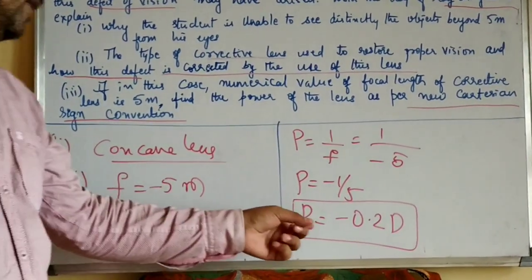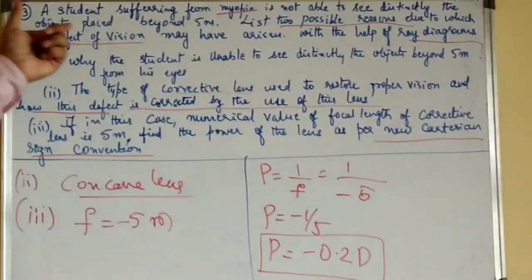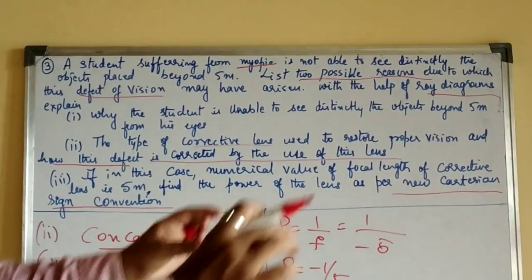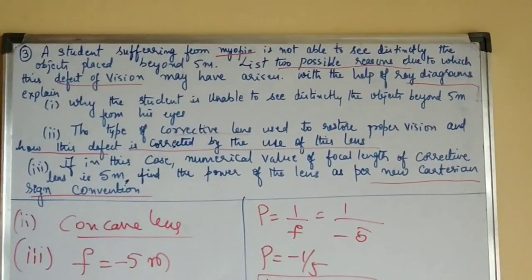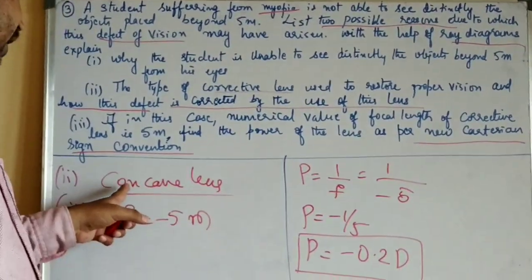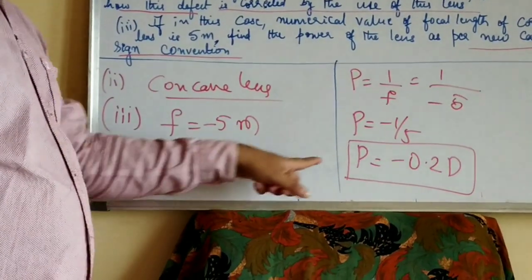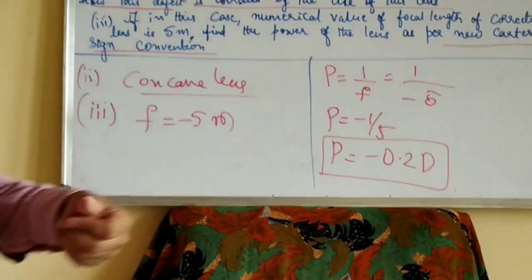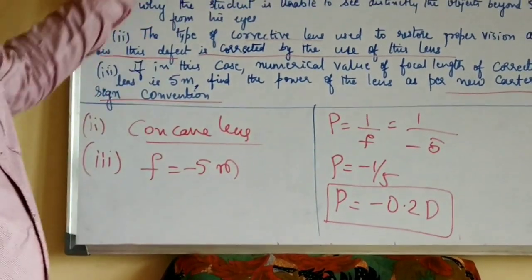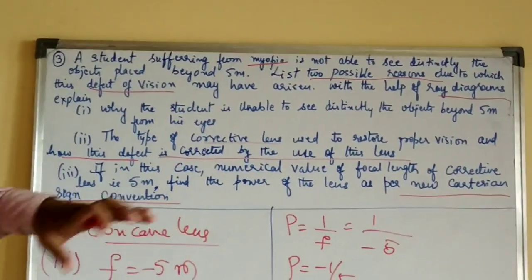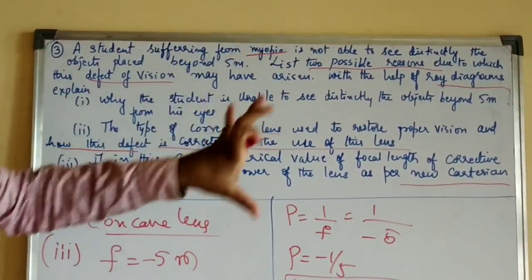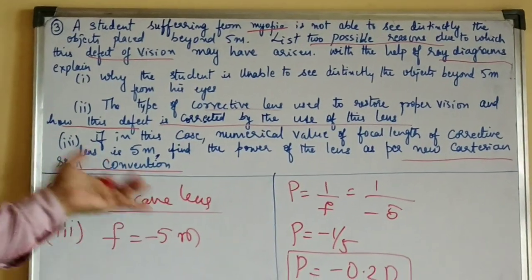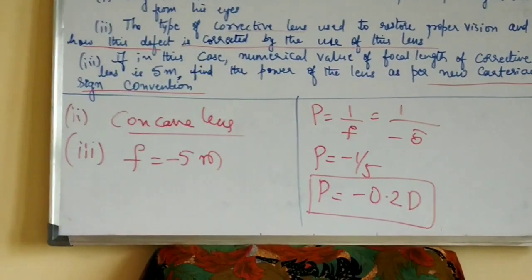What power should the student wear in the spectacles? The student should wear spectacles made out of the corrective concave lens having the power minus 0.2 diopter. So the problem seems to be more difficult because of the wordings, but the answers are supposed to be very easy and precise.